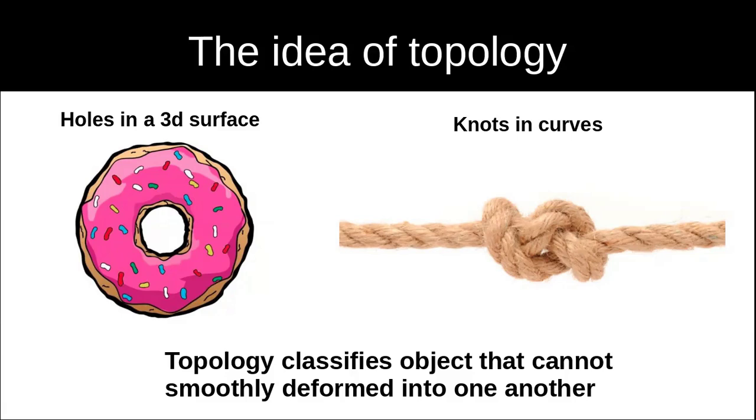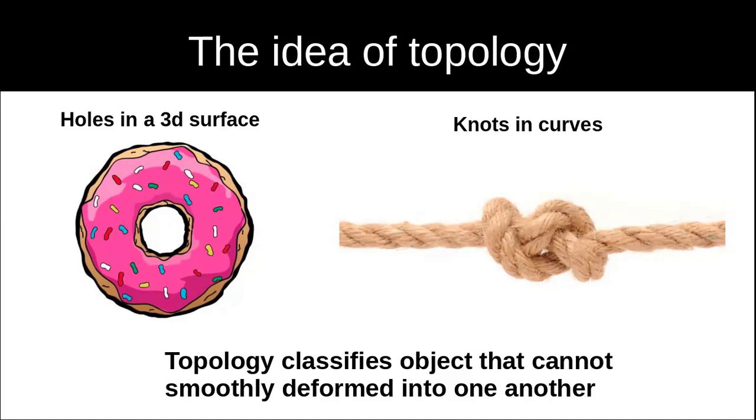And then you try to classify all the different forms that can be deformed onto each other, so that you say, well, all these classes of forms can be deformed into each other, and so forth. A very simple example of this is taking three-dimensional surfaces and classifying them according to how many holes they have. And it is relatively easy to understand that if you have a different number of holes, you probably cannot deform them onto each other, because deforming them would imply that you would close these holes.